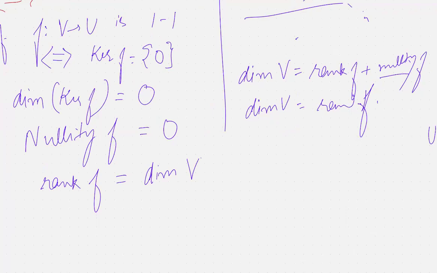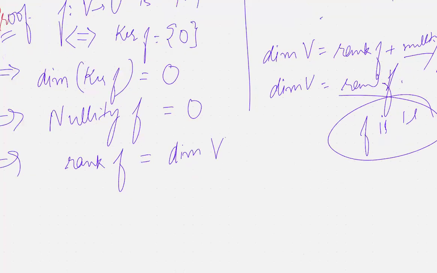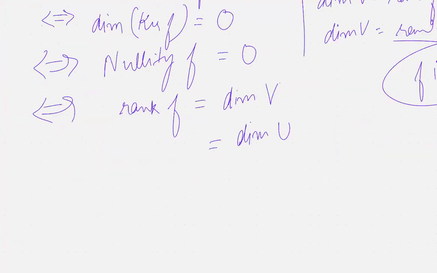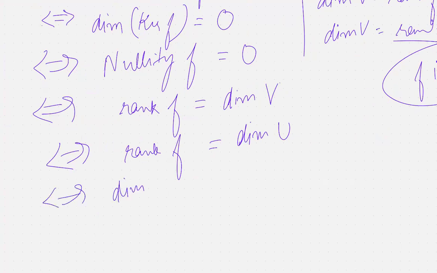Because F is 1, 1, we know that dimension of V will be equal to dimension of U. So over here, we can write this down as dimension of U. Rank F would be equal to dimension of U. Our question is almost solved. Rank F means dimension of range of F is equal to dimension U. So the range, that is F of V, is equal to U.